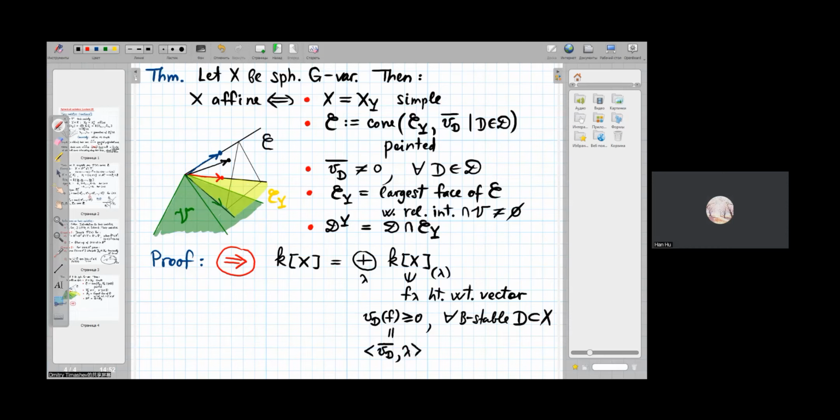So all these pairings of v_D bars with λ should be non-negative.